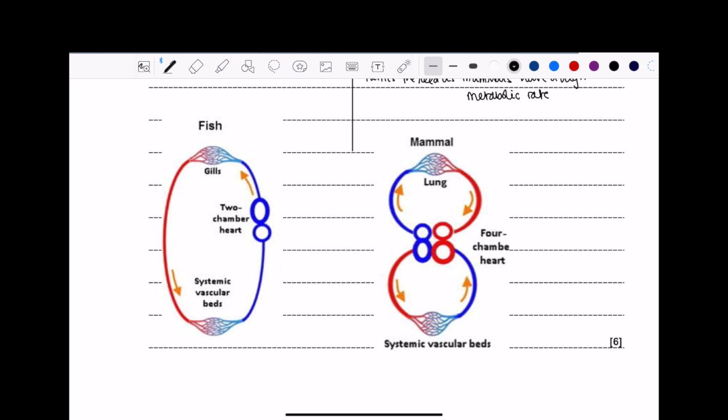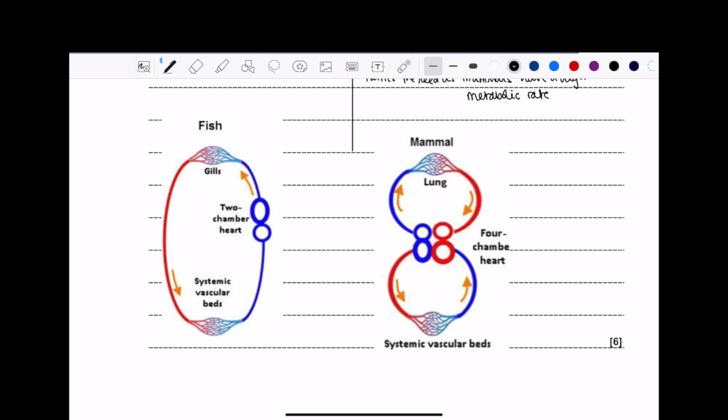So when it comes to fish, I would look at the diagram and talk through it to myself: okay, so we have gills, what happens there? Oh, there's a 2-chamber heart, and so on. Then I would stop, look away from my notes, imagine it, and talk through it again. Basically like blurting, but you're not writing it, you're just saying it to yourself. That really, really helped.